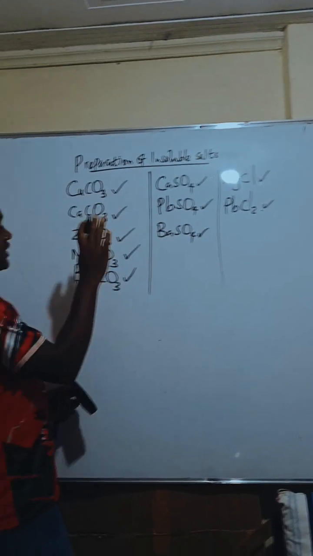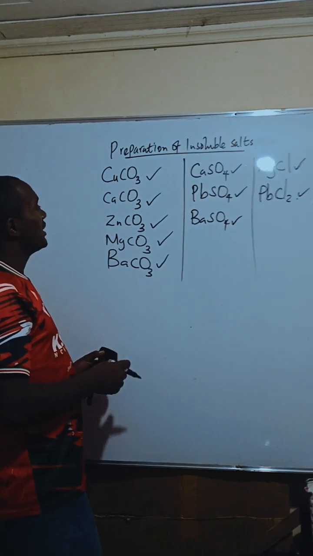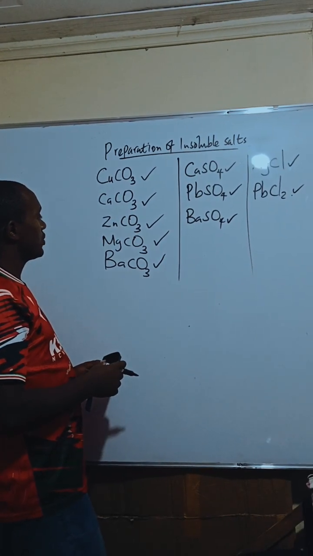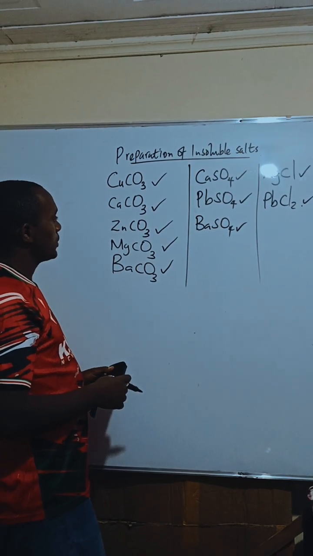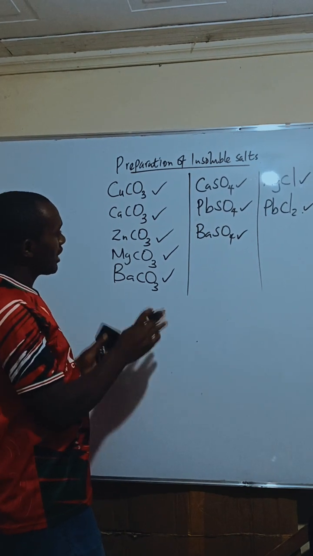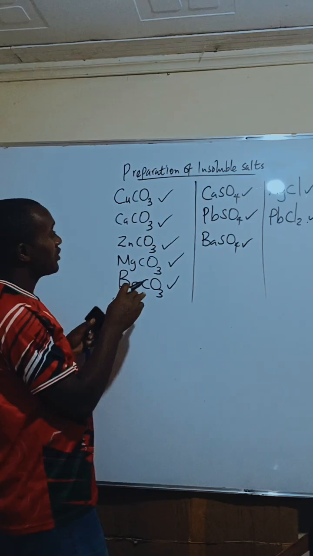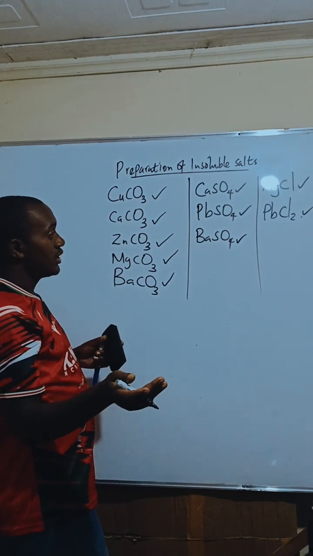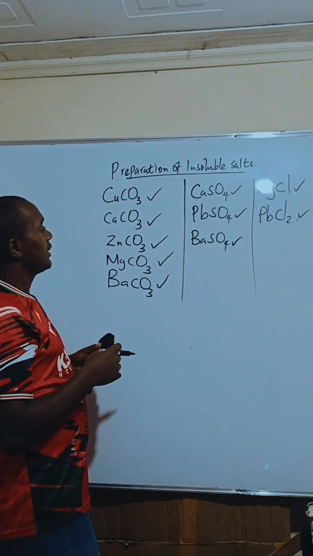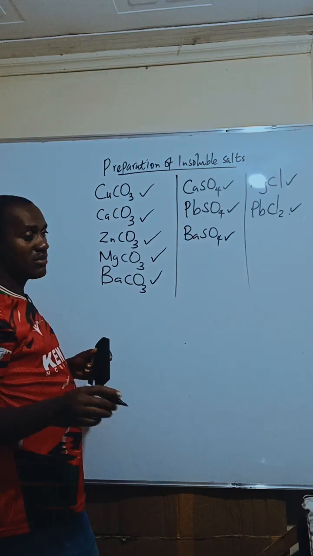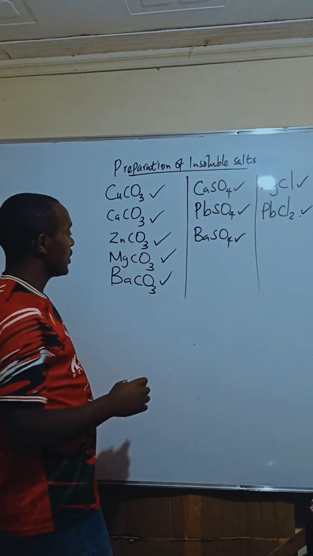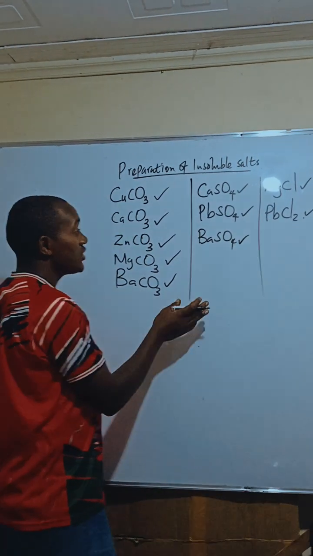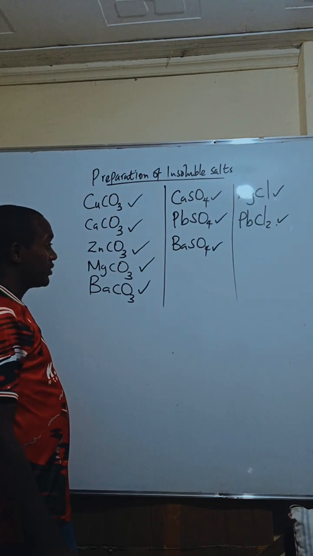So these are some of the insoluble salts that you can be told to prepare. Carbonates that are insoluble, all of them are insoluble except sodium carbonate, potassium carbonate, and ammonium carbonate. So these are the mostly insoluble salts that you can be told to prepare.